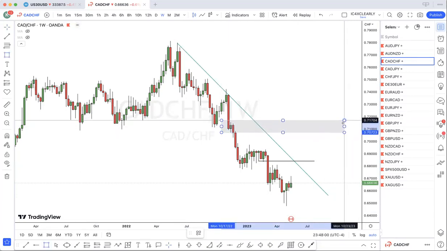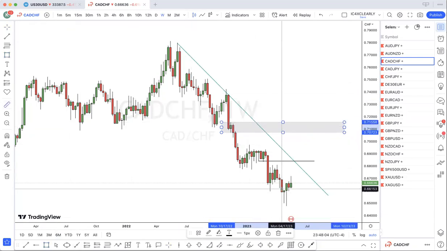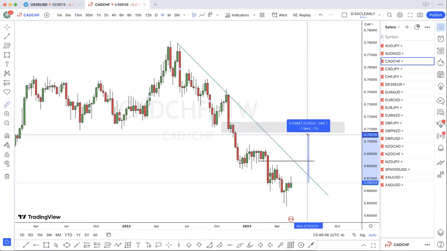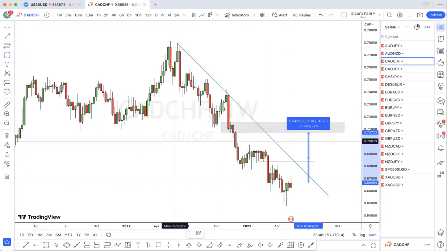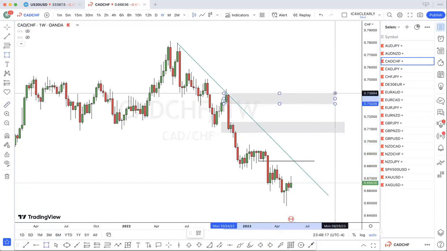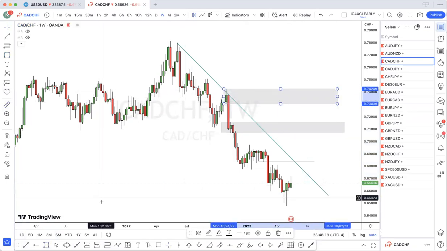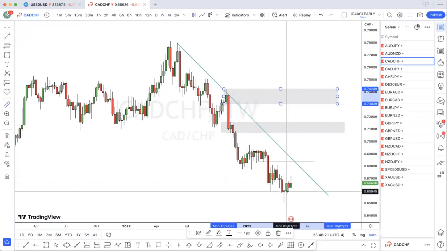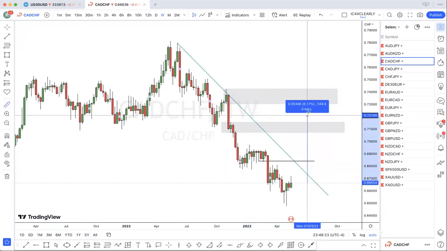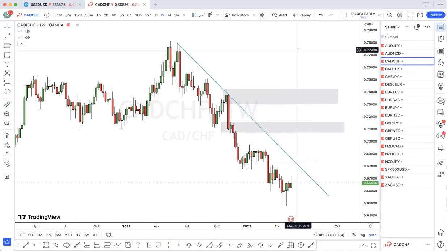So you have an area here, which is approximately 400 pips. And then you have another area above it, which is approximately, if you swing trade it, 636 pips.